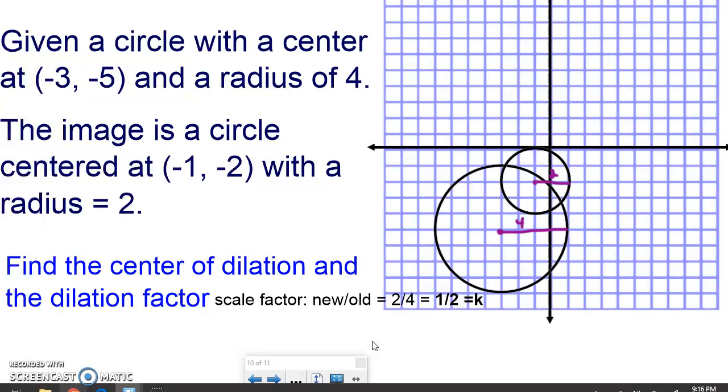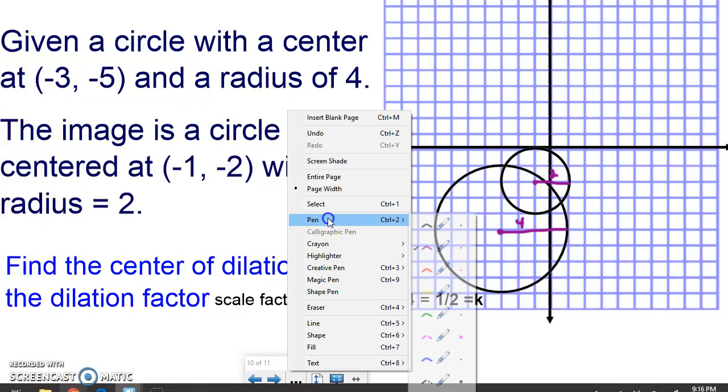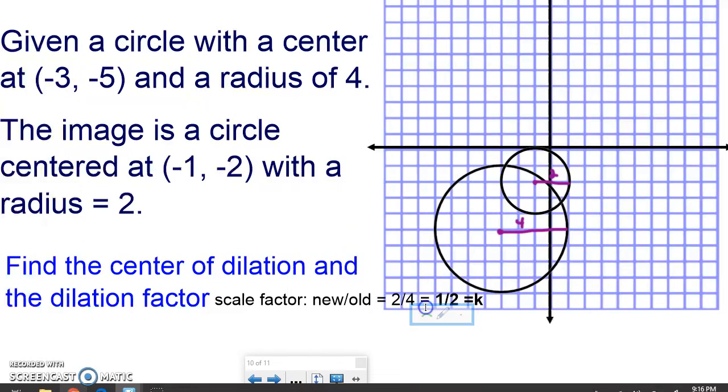All right, to find the center of dilation, this one actually works great with what we just did. Because we can count, remember we always do big to little, and the only point on a circle is the center. So we could count and see that we would rise up 1, 2, 3, and over 2.